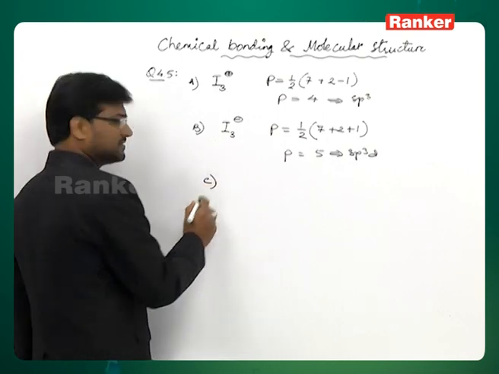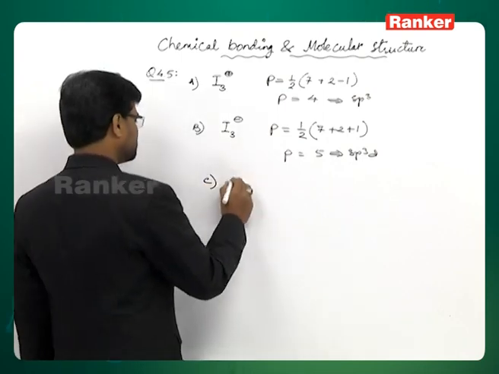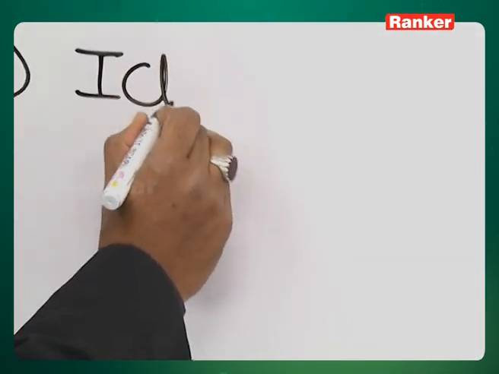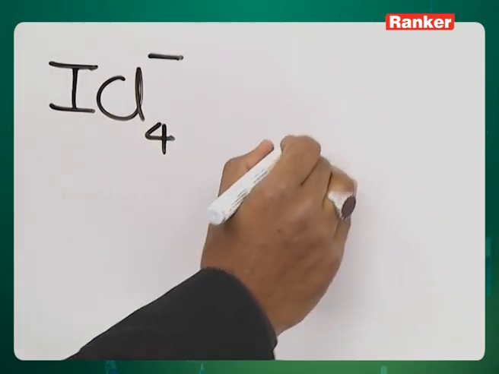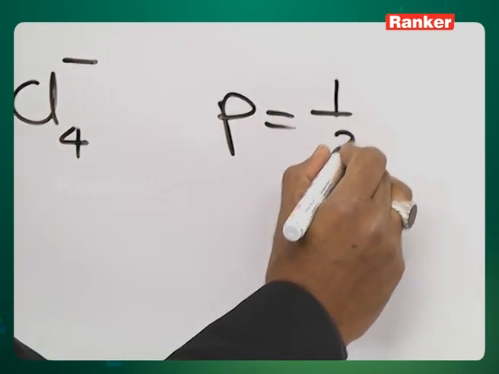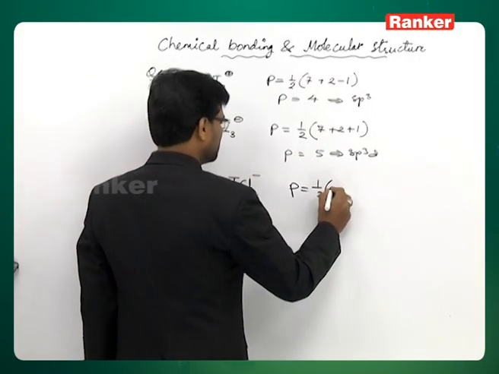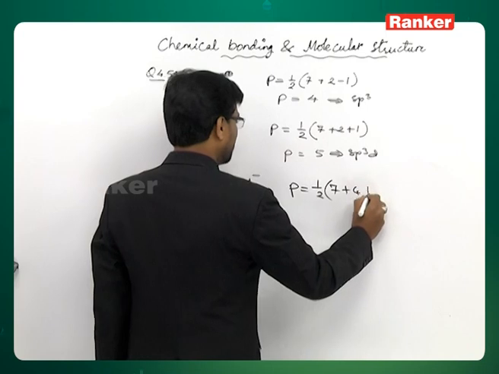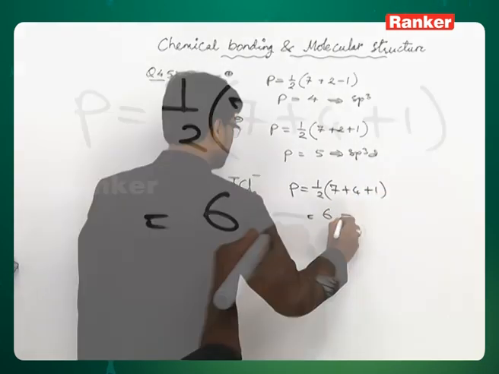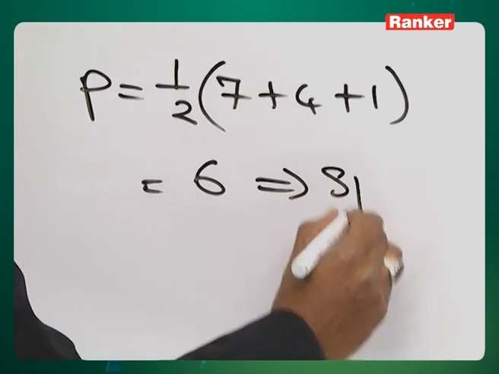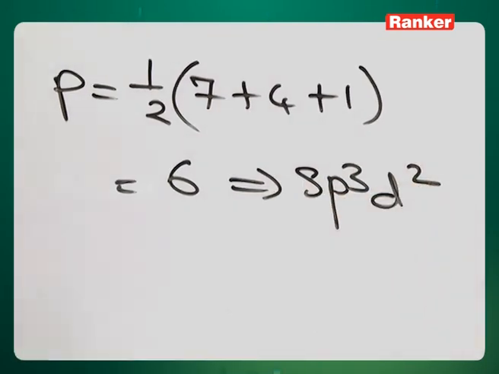Now, C is ICl4 minus. Here also you take iodine as a central atom and then consider the 4 chlorines as surrounding atoms, 7 plus 4 plus 1, and that comes to 6, and this is taken as sp3d2 hybridization.